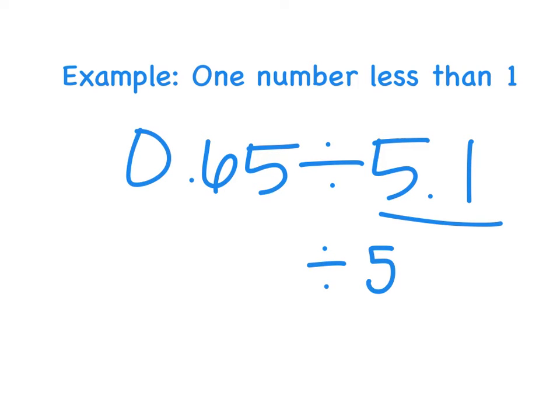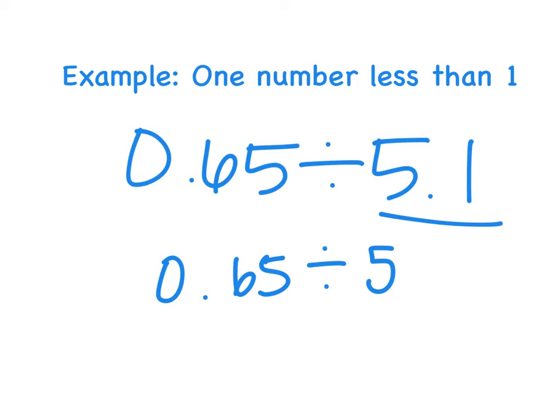And now I want something that 5 can go into. Well, I know that if this was a whole 65, 5 can go into 65. So I'm actually going to keep this first number the same. I could change it to something closer that's even easier. That would be okay as well. But I want to get a really close estimate this time, so I'm going to leave that one the same.